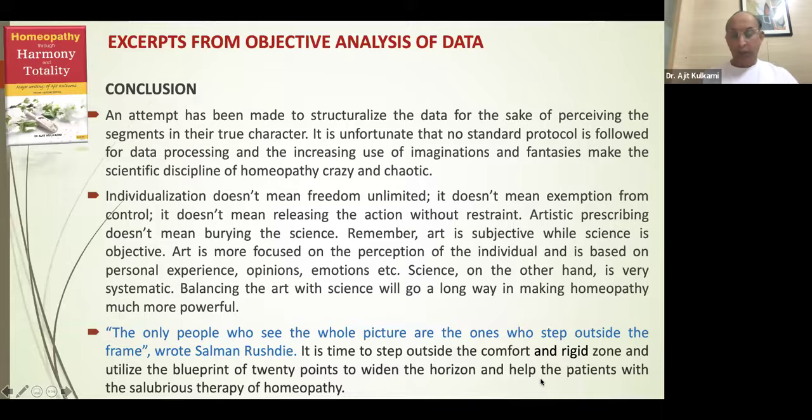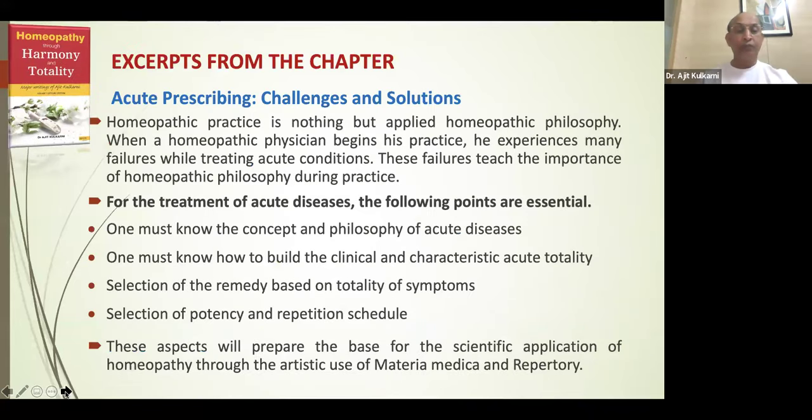Okay. Now we go to the next chapter, that is acute prescribing, challenges and the solutions. I have presented 4 modules of building up the acute totality. I have an opinion that homeopathy practice is nothing but applied homeopathy philosophy.